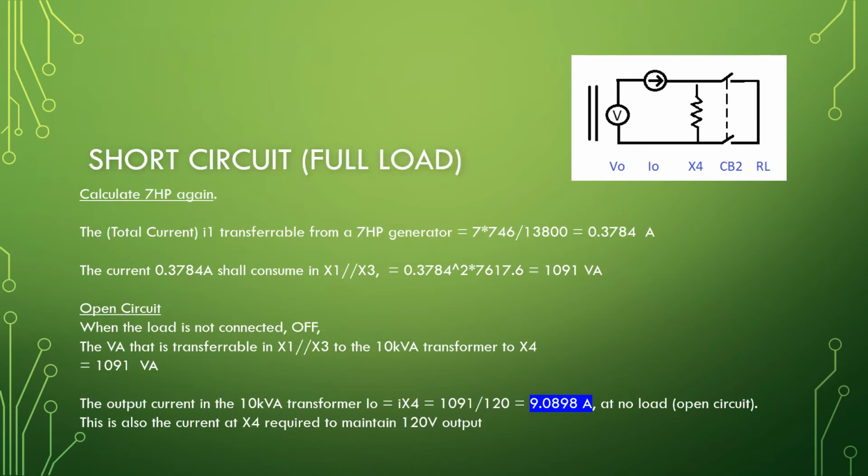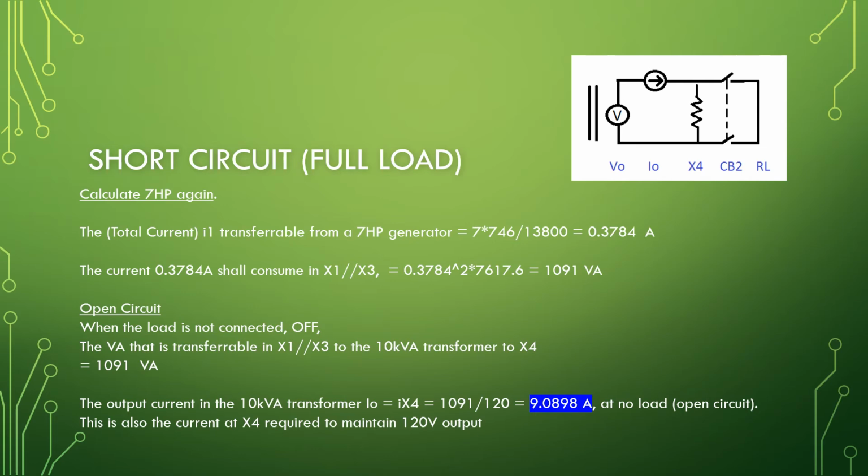Calculate 7 horsepower again. The total current I1 transferable from a 7 horsepower generator equals 7 times 746 divided by 13,800 equals 0.3784 ampere.